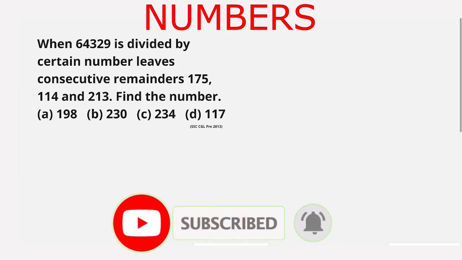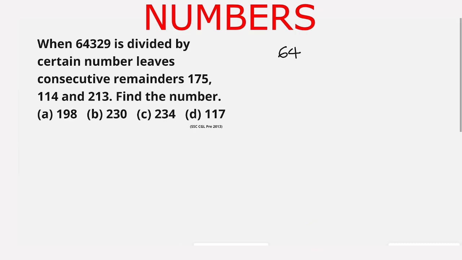The given number is 64,329. As there are three consecutive remainders, 175, 114 and 213, we leave the last two digits of the given number, and those two digits are 2 and 9, 29.